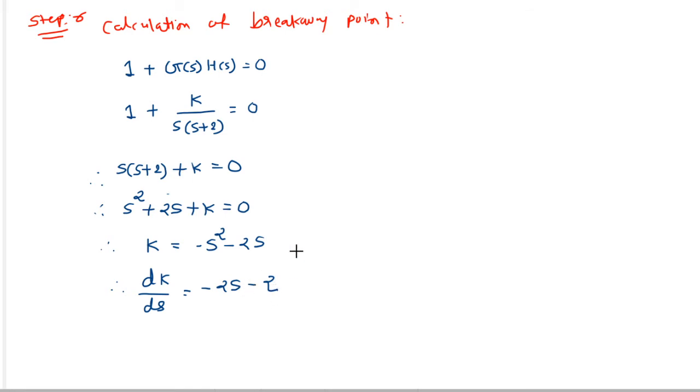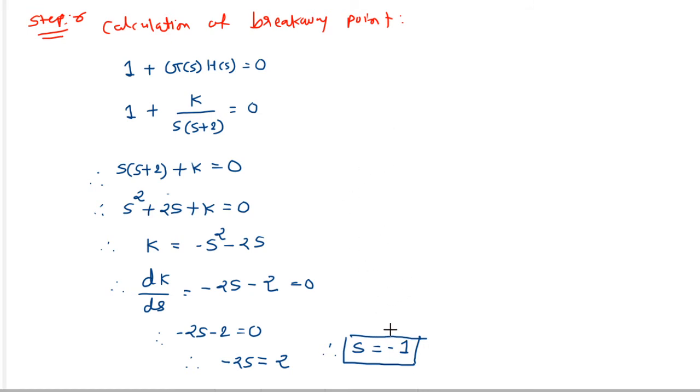Compare it with 0, so we can write minus 2s minus 2 equal to 0, so minus 2s equals 2 and s equals minus 1. That is our breakaway point.